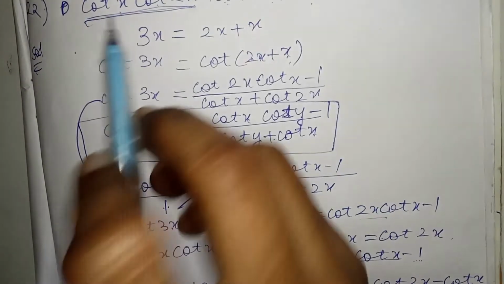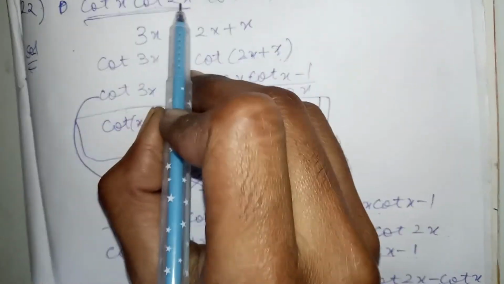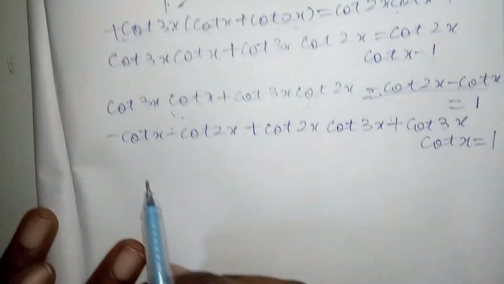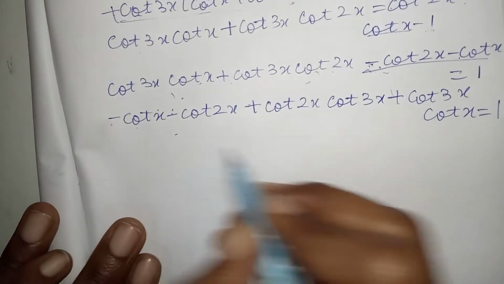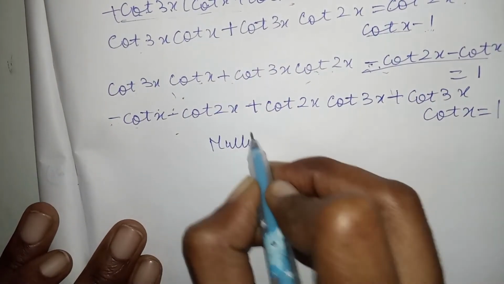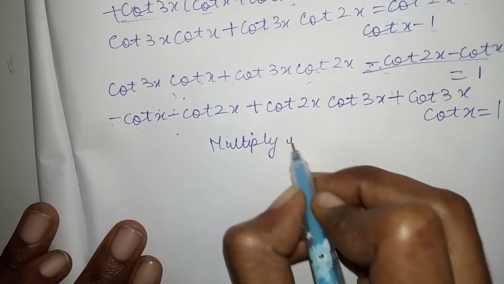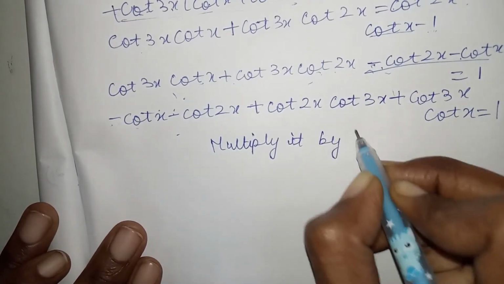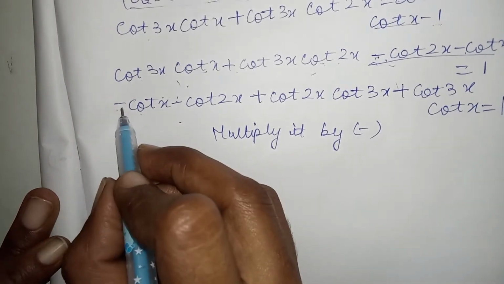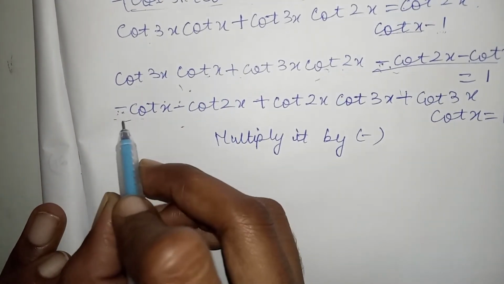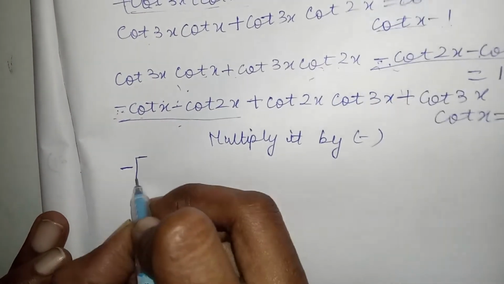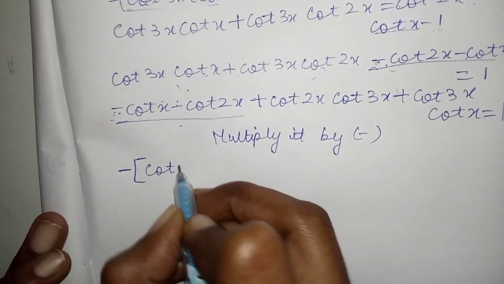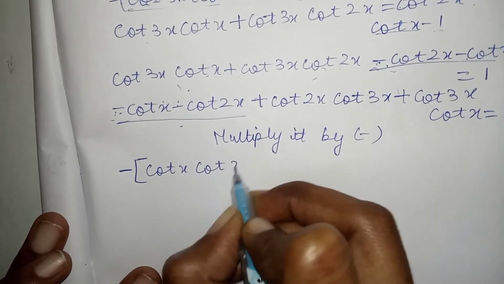So as we can see here, only cot x and cot 2x has a plus sign, but here it is a minus sign. So multiply it by minus. When you multiply, the whole thing is one term, so let us take minus common.